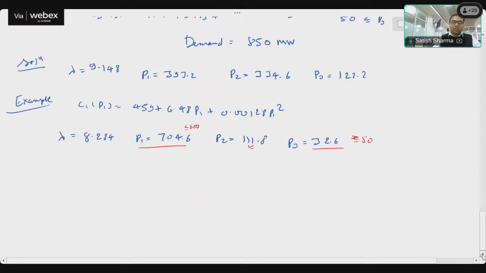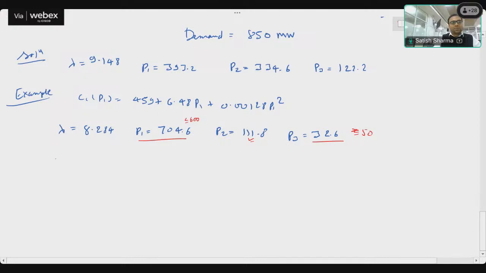So what we can do is keep P1 equal to 600 and P3 equal to 50, and once we do this, P2 will automatically be 850 minus 600 minus 50, from the power balance equation. So it will become 200.